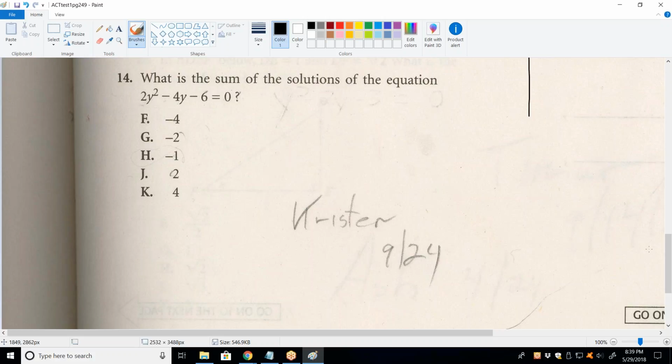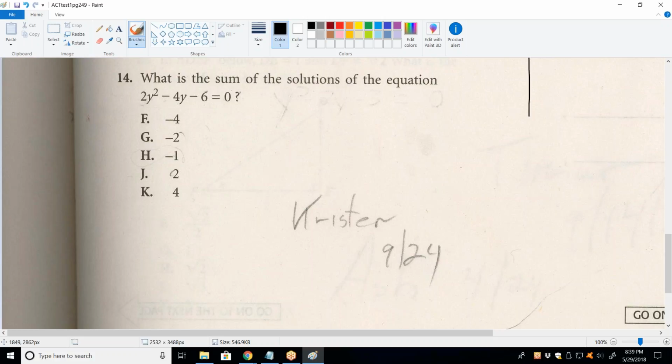Oh, quadratic formula? No. You might have to know the quadratic formula for this test, but you don't need it for this problem. That's the hard way to do this problem. There's an easy way to do this problem. Factoring? Yeah, just factor it.